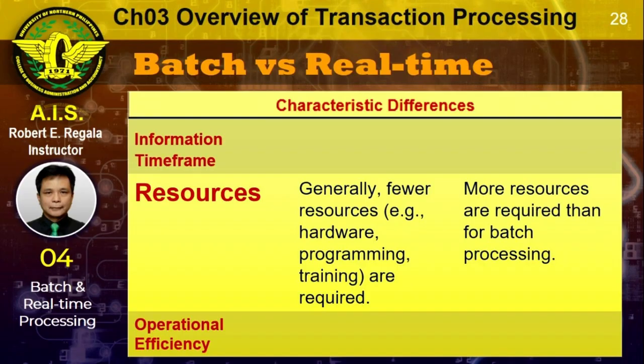The most significant resource differentials are in the areas of system development or programming and computer operations. As batch systems are generally simpler than their real-time counterparts, they tend to have shorter development periods and are easier for programmers to maintain.